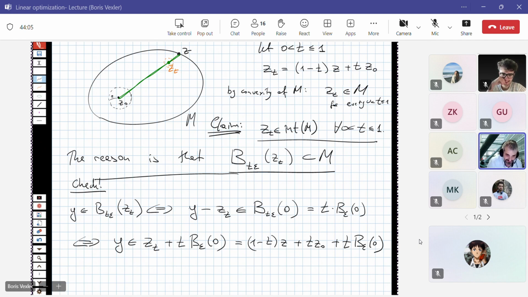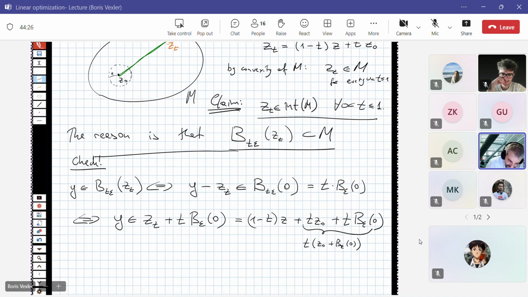Now, what is this? This is nothing else but T times Z0 plus B epsilon of 0. And therefore, this is nothing else but T times B epsilon of Z0.